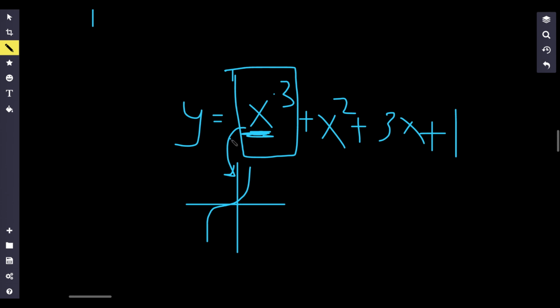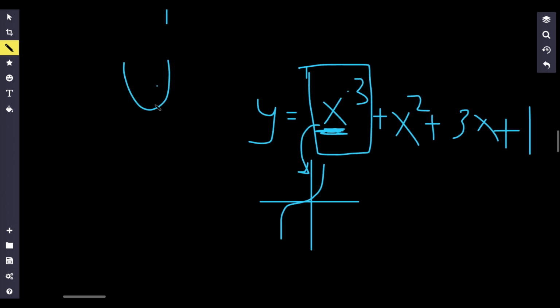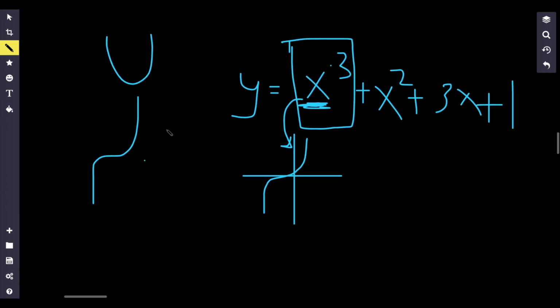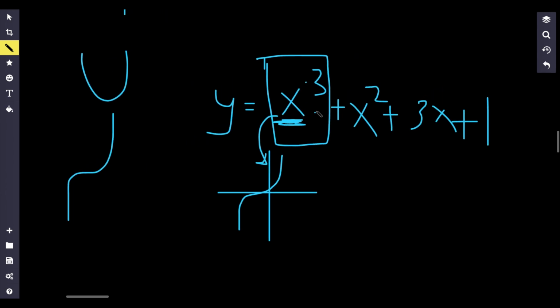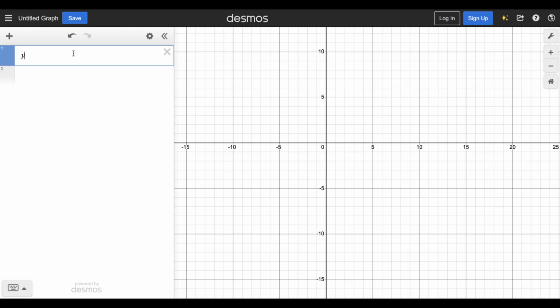That's how you determine the behavior of a function, or what a function looks like, without even having to graph it. All you have to do is look at the biggest term, and using what we've learned about functions, we know even functions look like this and odd functions look like this. Using that, we can predict how functions look. In this case, y is equal to x to the third power plus x to the second plus 3x plus 1, and once again, it has this similar shape.